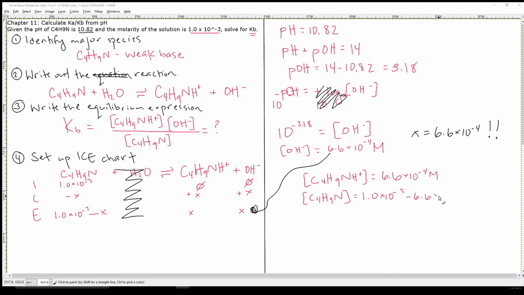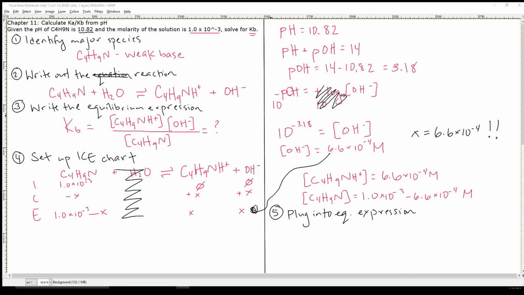Minus 6.6 times 10 to the negative fourth. That's in molarity. I'll just plug in that whole mess in my Kb equation. So, final step. Plug into the equilibrium expression, and then we're done.